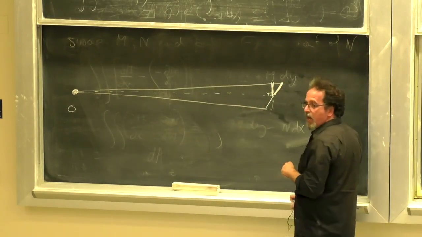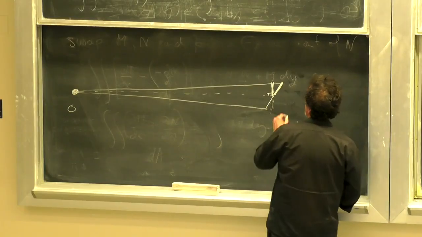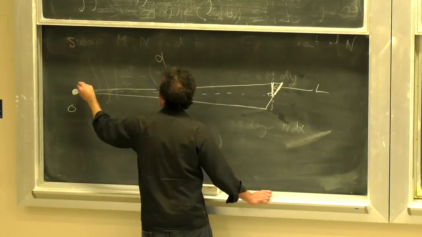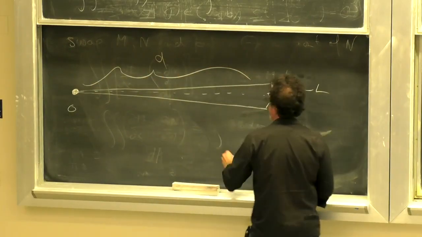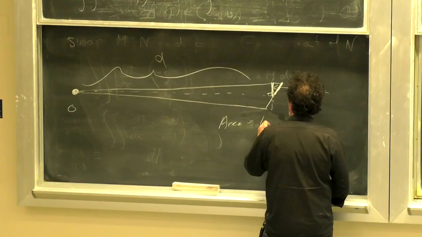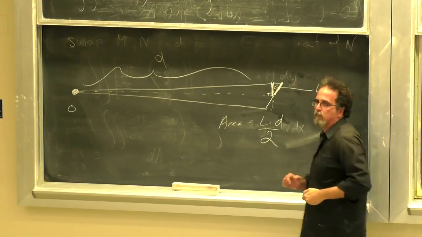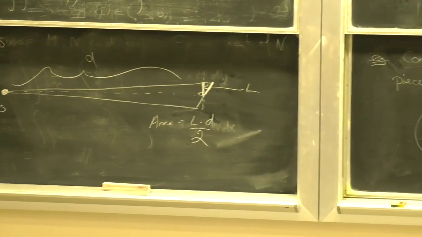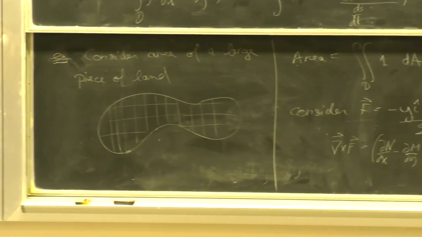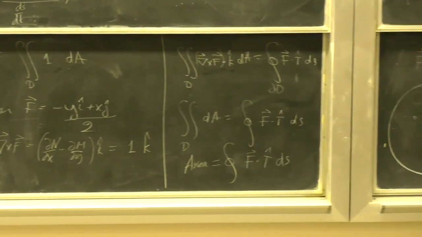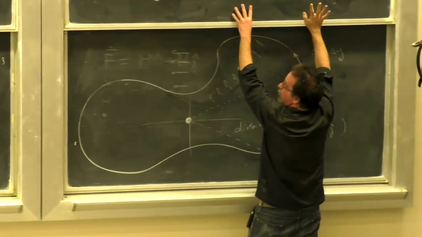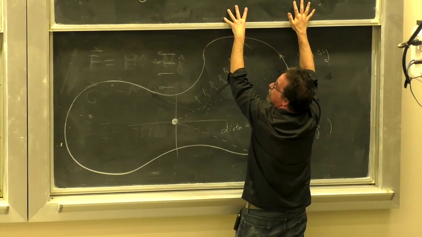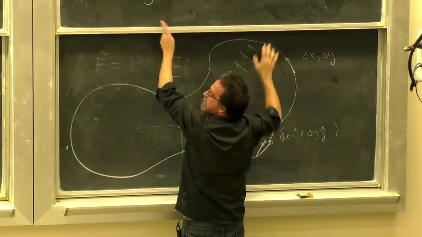If I wanted to calculate the area of this triangle, I would approximately say it's this length over here multiplied by this distance over here and divided by 2. And that's exactly what each piece of this integral does. The distance to the barn, times the component of the base of the triangle that is perpendicular to the direction to the barn, divided by 2, and then added up as you walk all the way around.